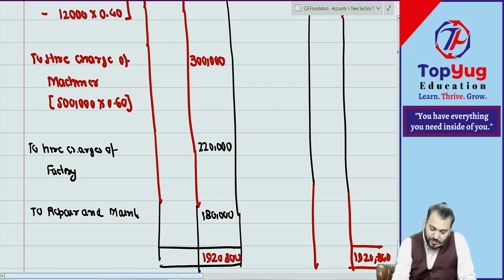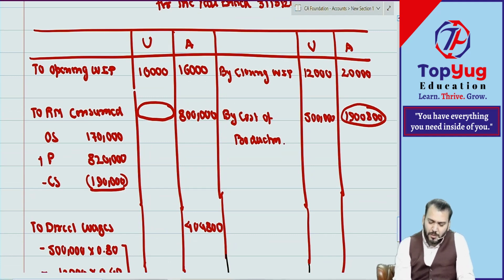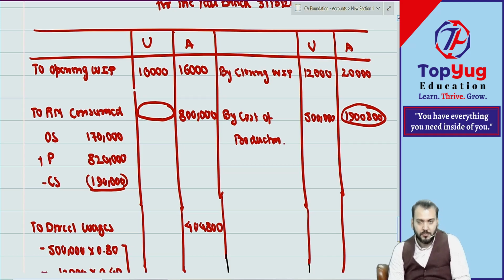Now can you give me the balancing amount? 19 lakh 800. Super easy. This type of questions would come. Correct. Easy.